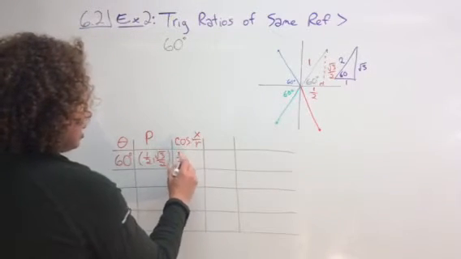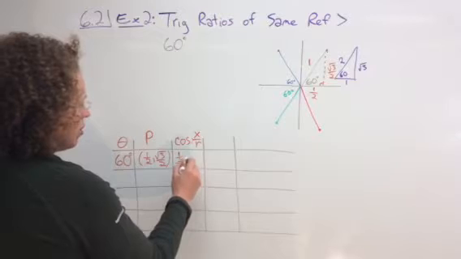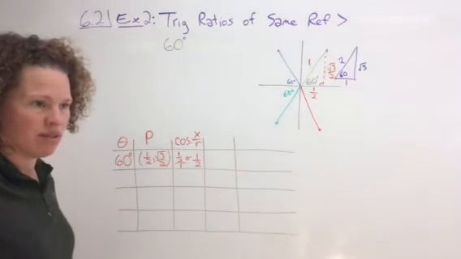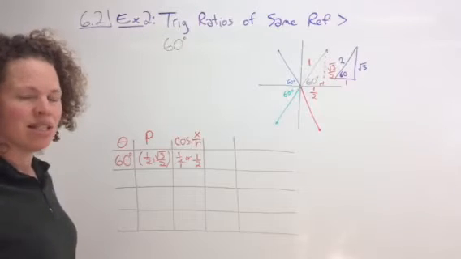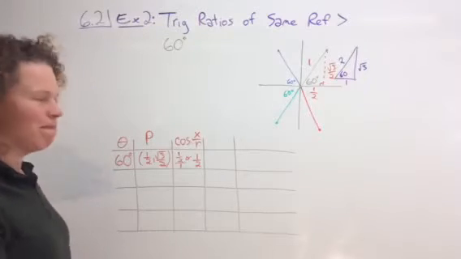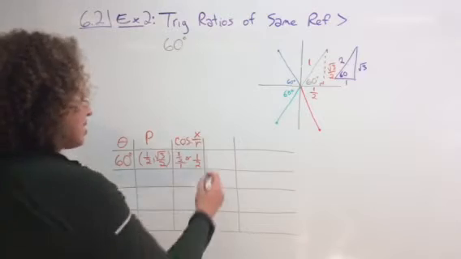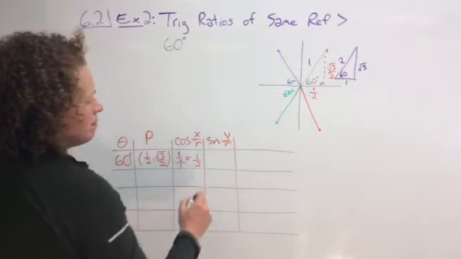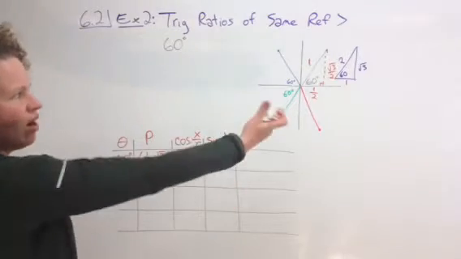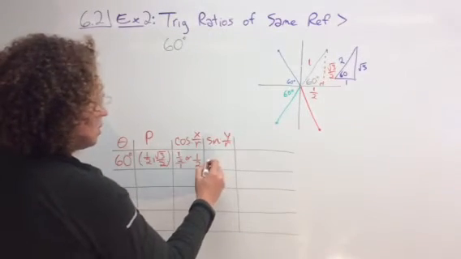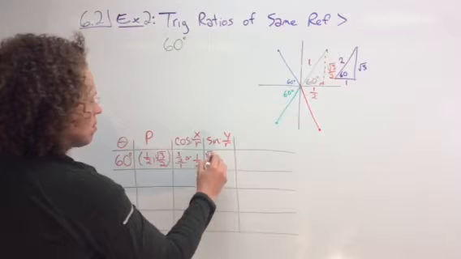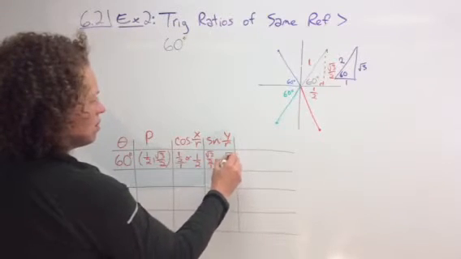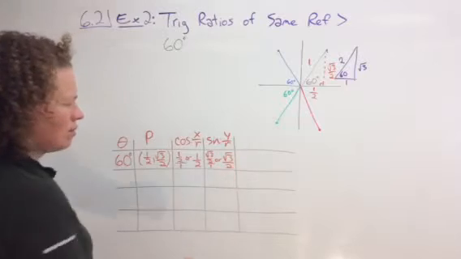You could write it 1/2 over 1, or you could just write it as 1/2 because 1/2 divided by 1 is just 1/2. See, that's why they made it 1. Now the next one is sine, which is y over r. Again, r is 1. This is beautiful. So instead of having root 3 over 2 over 1, we can just write root 3 over 2.